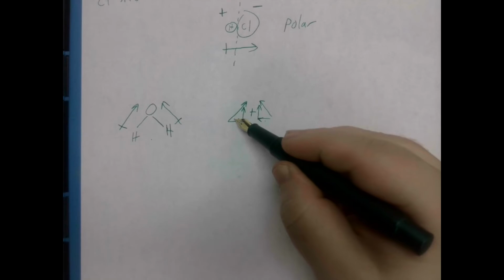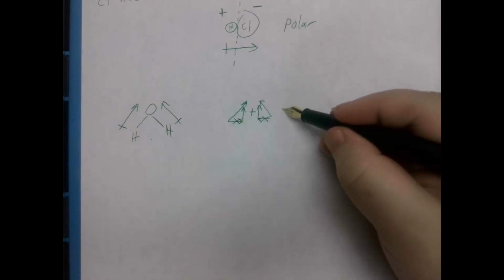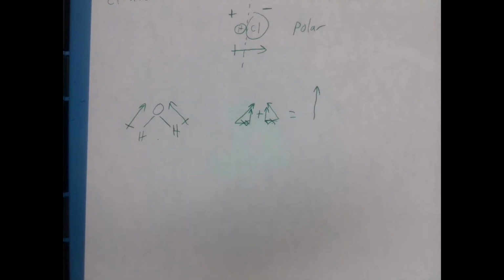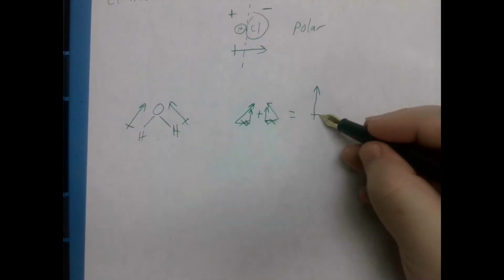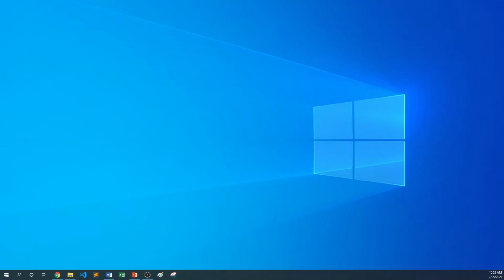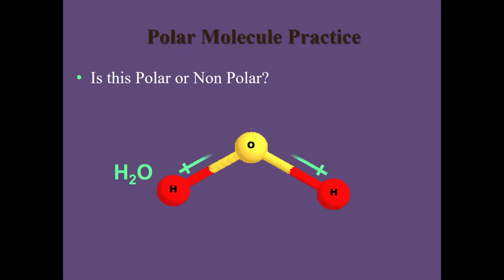The two horizontal arrows cancel each other out, and we get a net effect of an arrow just pointing upward. I like thinking in terms of physics and vectors, but that's probably too complicated for this class. You have a net dipole moment pointing upward, meaning the hydrogen side is positive and the oxygen side is negative.